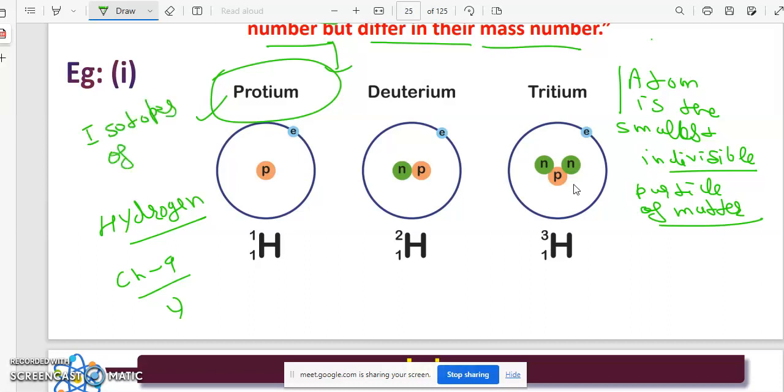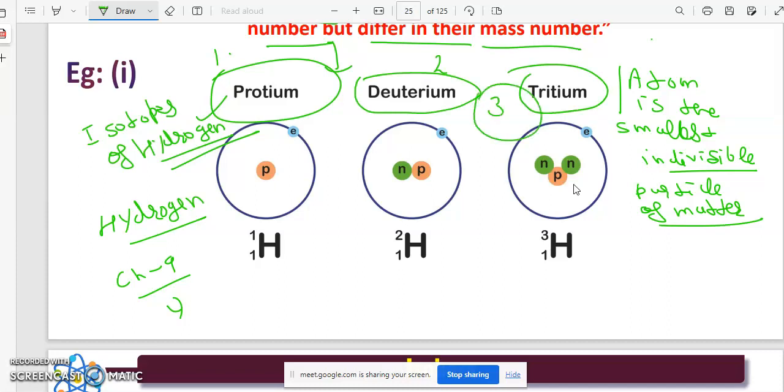There are three isotopes of hydrogen. The first one is protium, the second one is deuterium, and the third one is tritium. These are the three isotopes of hydrogen.